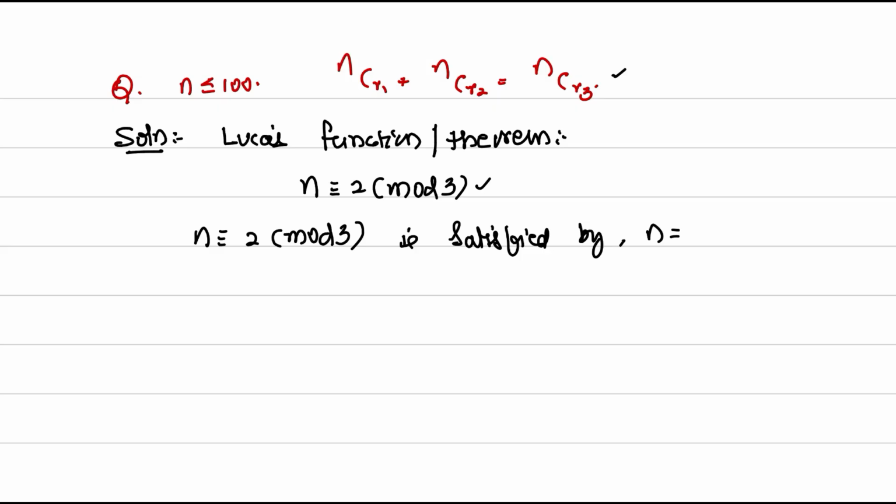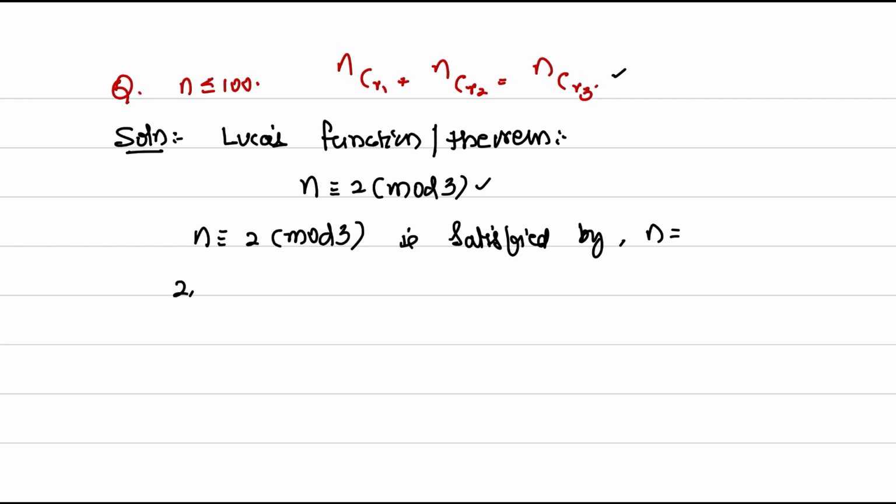n is equal to 2. What is the meaning of n equivalent to 2 mod 3? n minus 2 is divisible by 3.